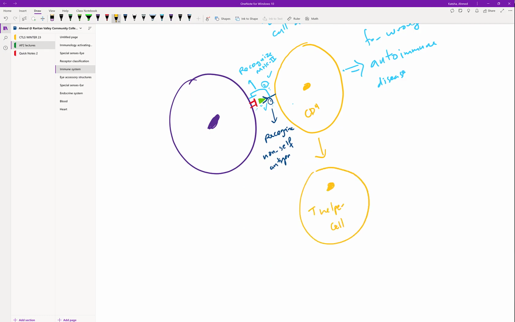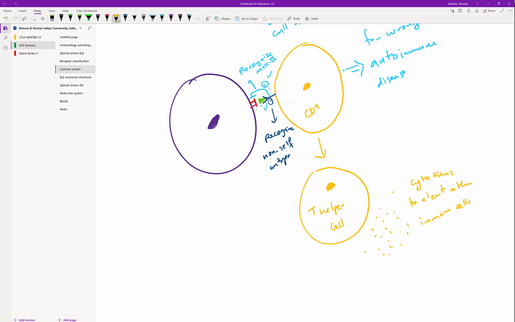What does the T helper cell do? It will start to secrete cytokines to alert other immune cells and kick off the adaptive immune system. So this is the way the T helper cell gets activated, by recognizing the non-self antigen on MHC2.